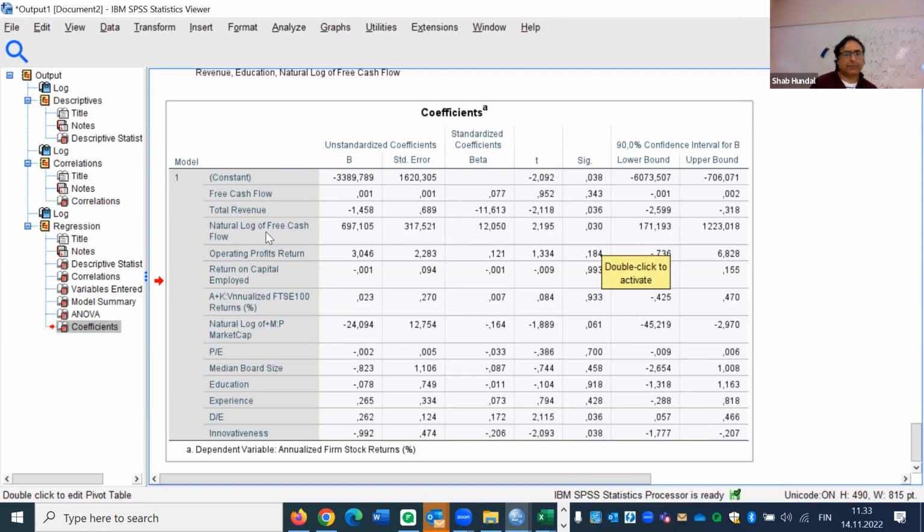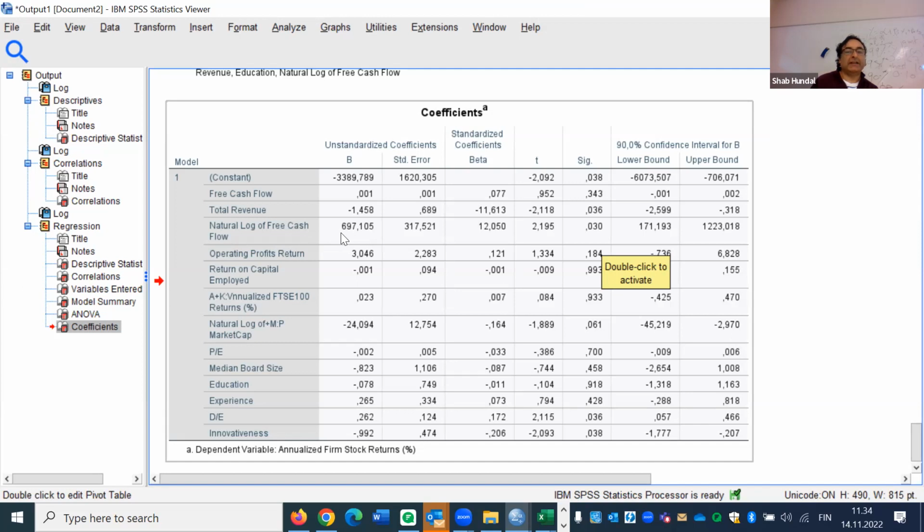Free cash flow. For companies which have more free cash flow, is the stock return positive or negative? Is it a positive relationship or negative relationship? For the company whose free cash flow is more, is the stock return going up or down? Because the sign is positive. It's like correlation, right?